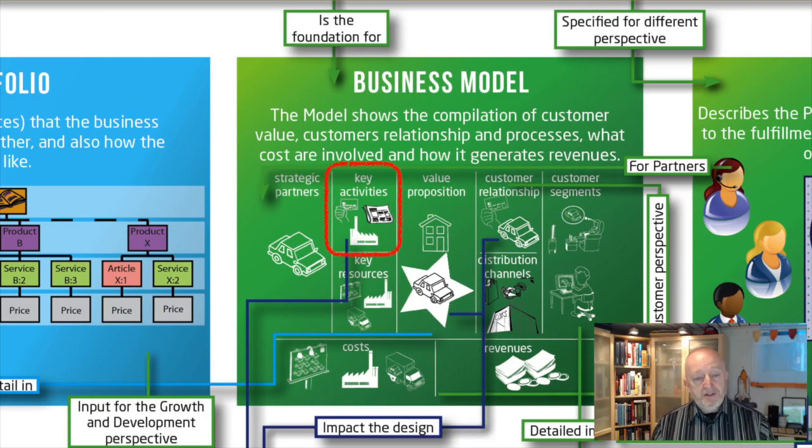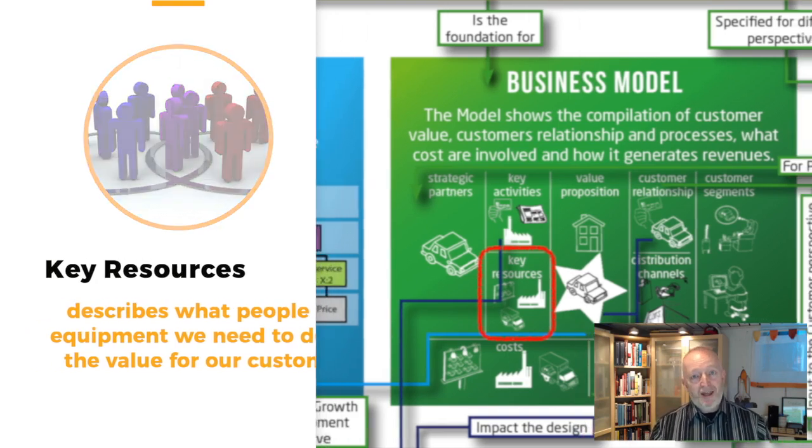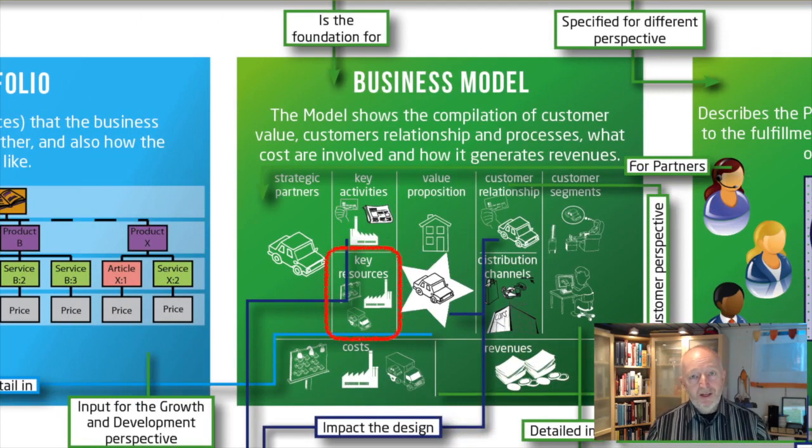From key activities, you go over to key resources. Here you need to understand what resources you need to have in order for your customers to be able to consume the products. You maybe need a truck delivering things to them. You maybe need a website so they can access your information that way. You maybe need an online learning portal.